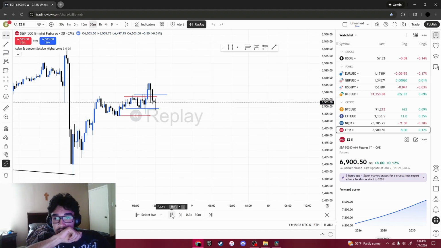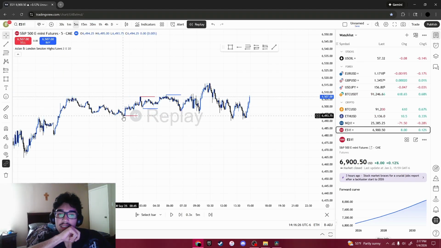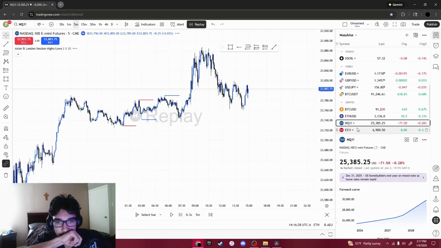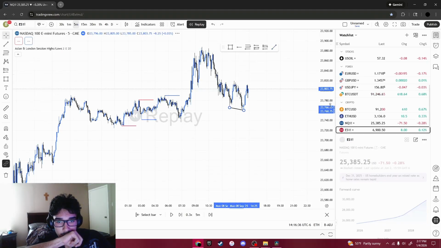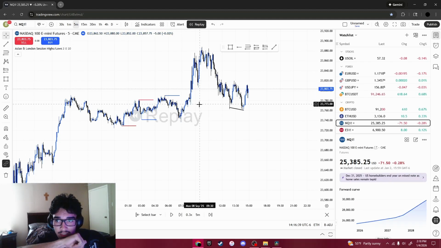Come on, sweep those lows. And just swept London lows. Swept Asia lows. Oh, come on. Like I said, I think it was going to, this creates this bullish SMT divergence on the 5.